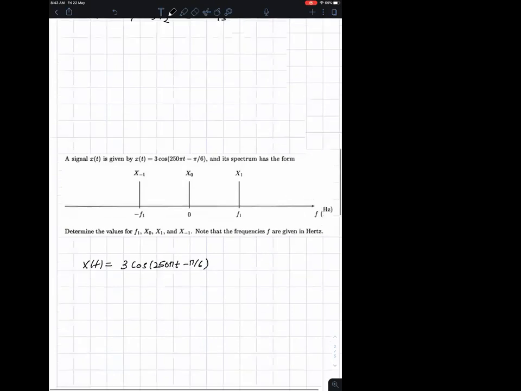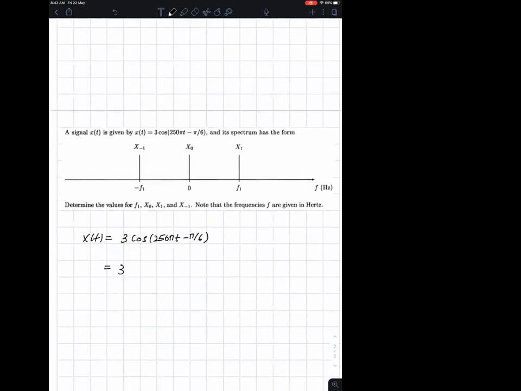Okay, now you write the cosine in complex exponential form.